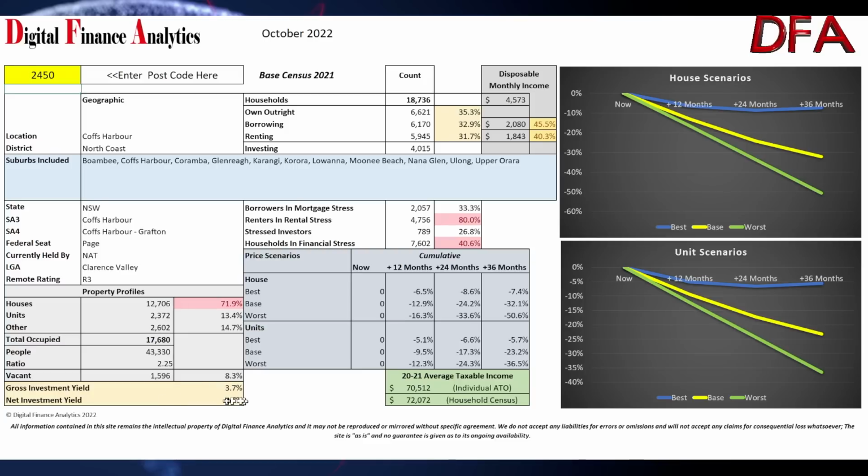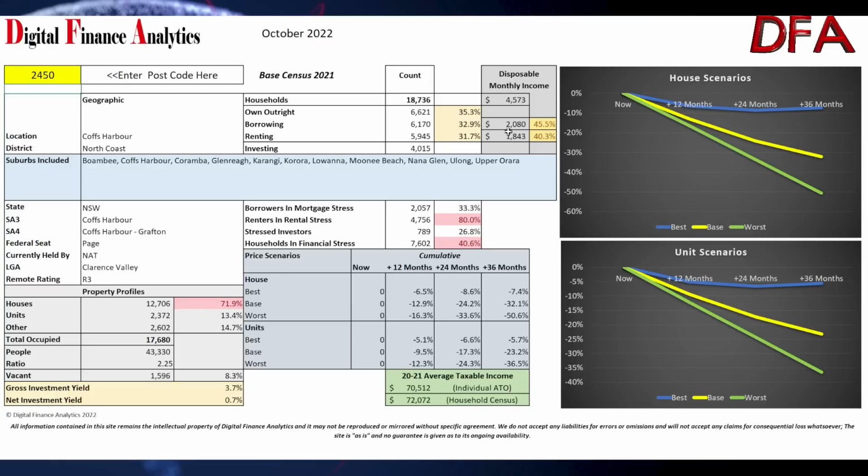Net investment yield is after all the costs, so that's managing the costs, paying the interest rates and other bills, etc., etc. And then that gives us a disposable monthly income of around $4,500 on average. And a typical borrower is putting about 45% of their income, or just over $2,000, on the mortgage, and just over 40%, or $1,800, on the average rent.